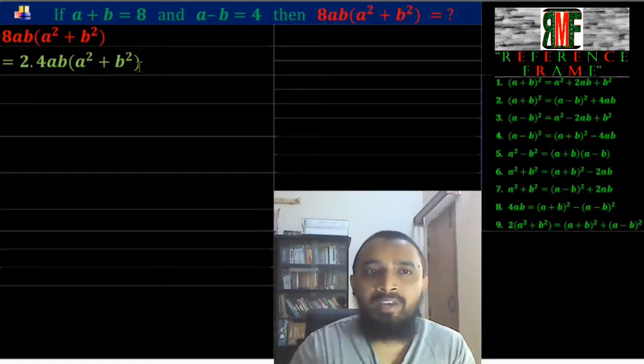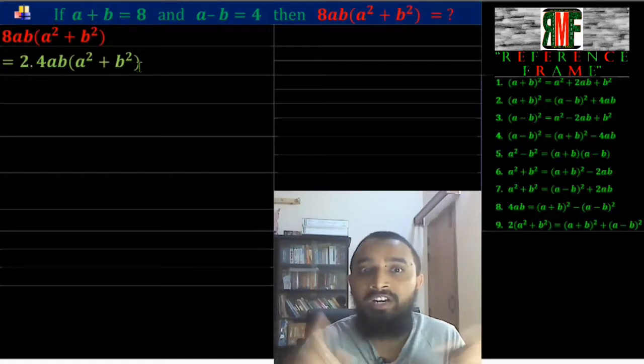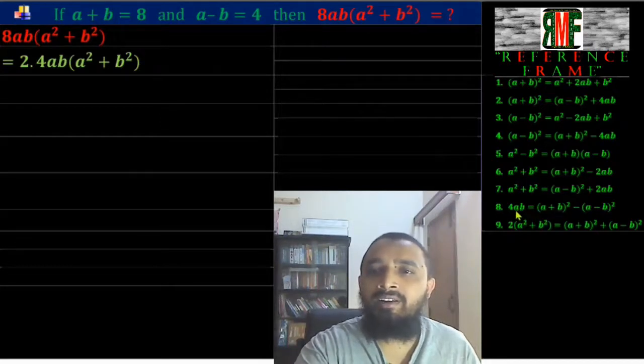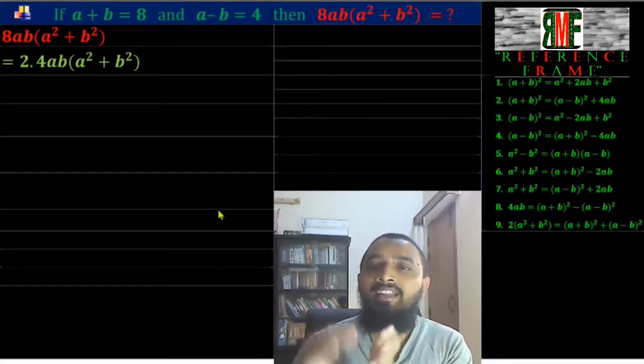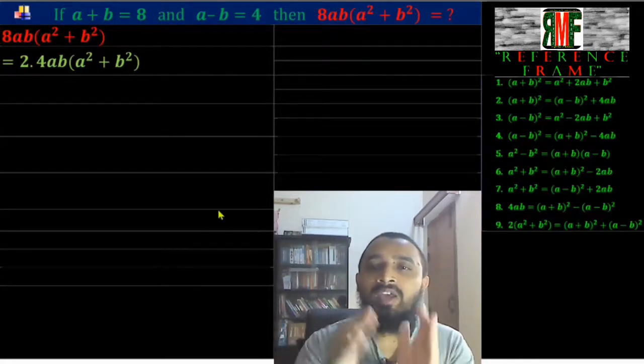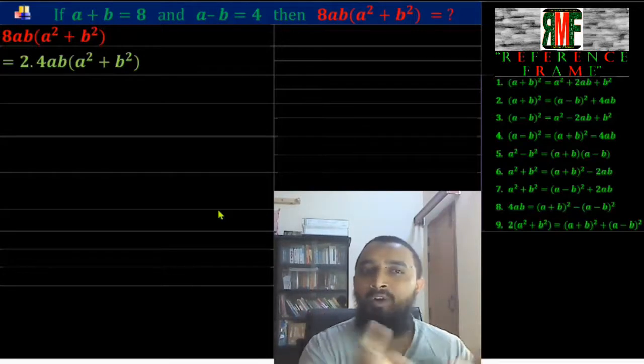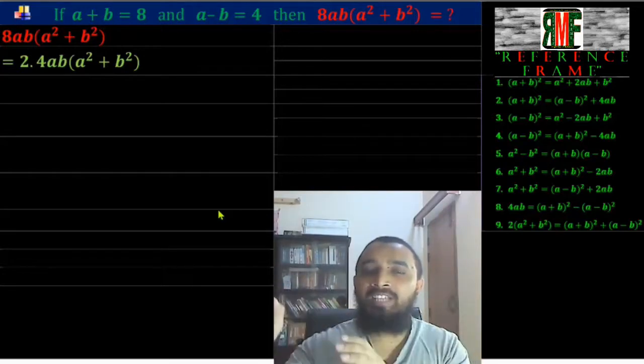Now you may ask, how can we understand that we need to shuffle them? Just look here. We need the corollary for 4ab, which is a plus b whole square minus a minus b whole square, and we know another corollary, which is twice into a square plus b square is equal to a plus b whole square plus a minus b whole square.